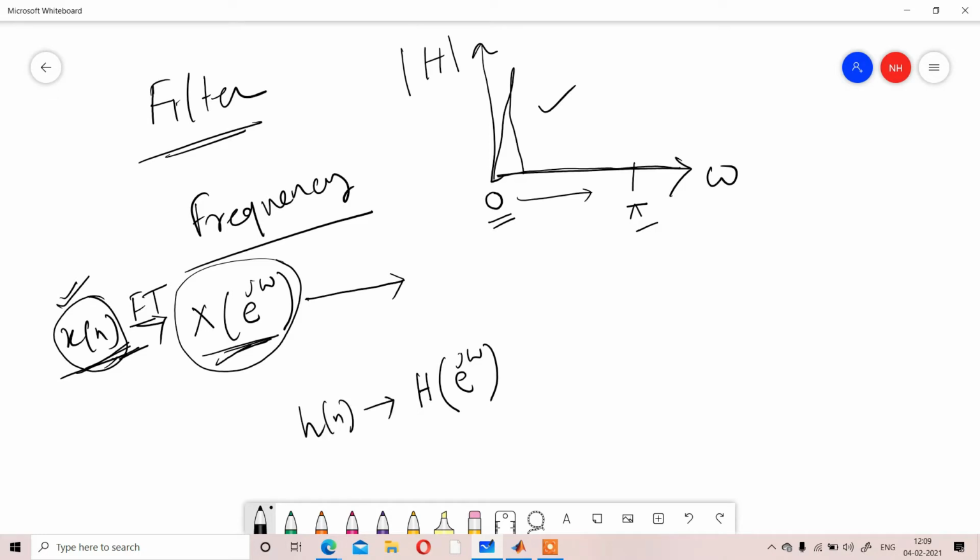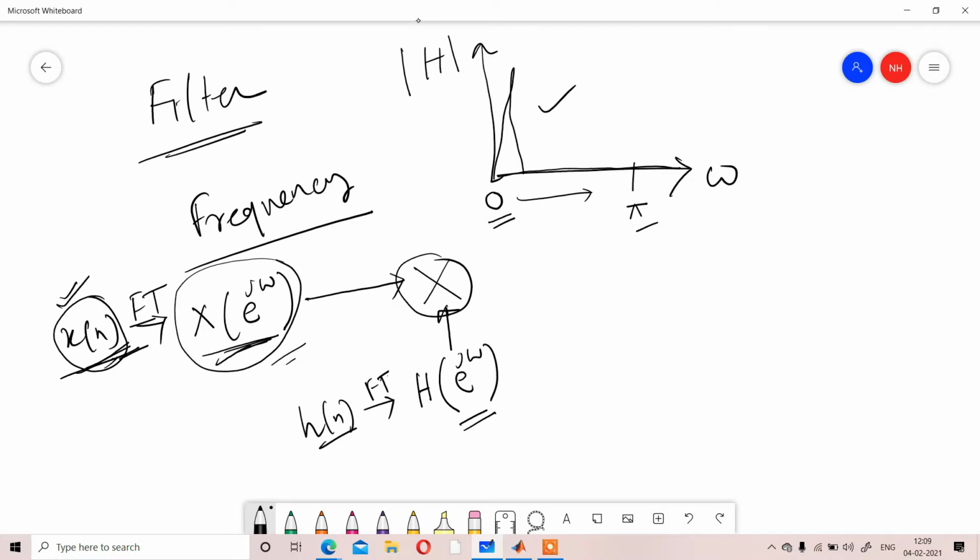All of you know that h[n] is the impulse response, and if you do the Fourier transform of the impulse response h[n], you get H(e^jω). Then what should we do? We will simply multiply that filter with X.